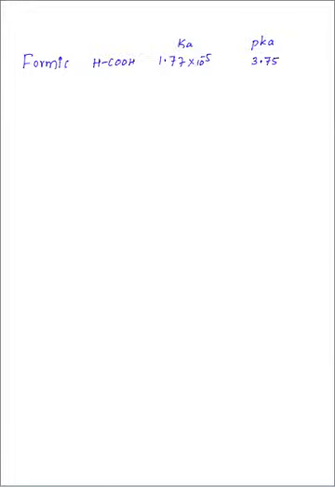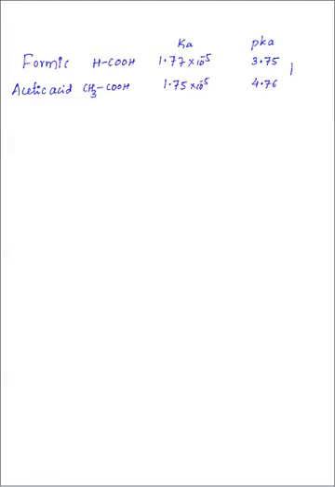Next, acetic acid is taken. Its formula is CH3COOH. Its Ka value is 1.75 into 10 raised to minus 5, and the pKa value is 4.76.